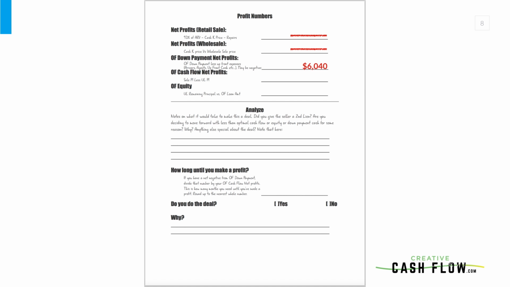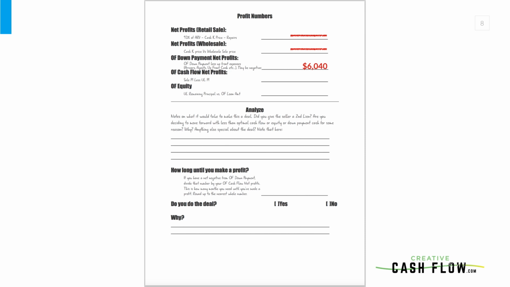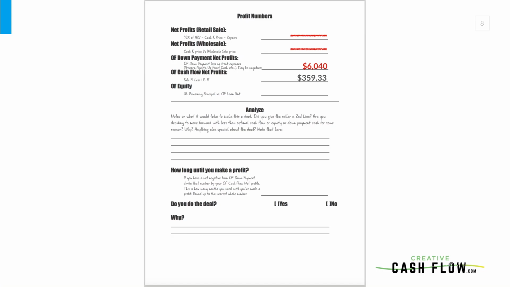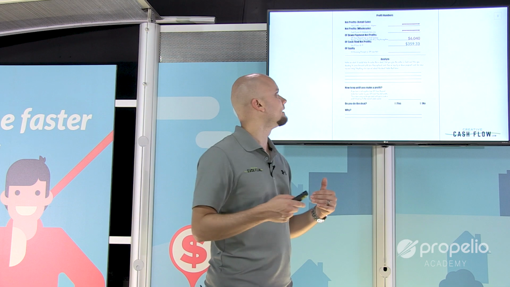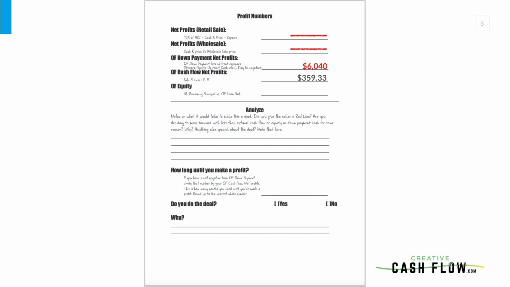So we're going to put that in our owner finance down payment net profits. We are a net negative, and this is in the net negatives video, if you remember that, of $6,040, okay? And that's not the worst thing in the world, and you'll see. Our owner finance cash flow net profits is going to be the sale principal and interest less the underlying lien principal and interest, which is $359.33.